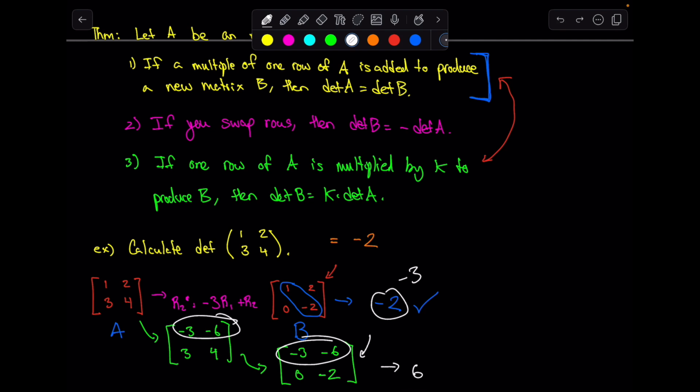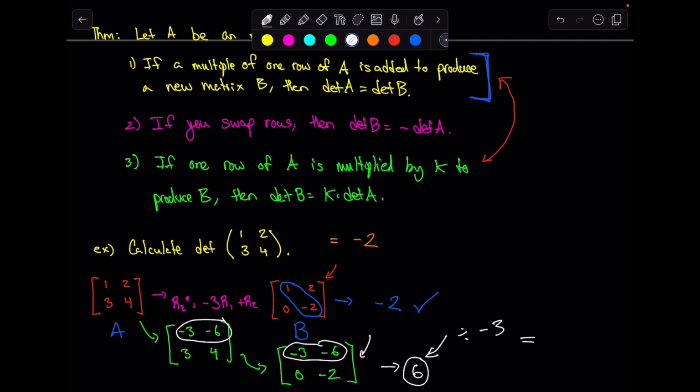So you could leave it in this form. You can definitely do that. The only thing is, when you get this answer, you need to keep track of the fact that, oh yeah, I multiplied row 1 by -3, and I never undid that. So that means for this determinant, I need to divide by -3 to get -2, the actual answer.